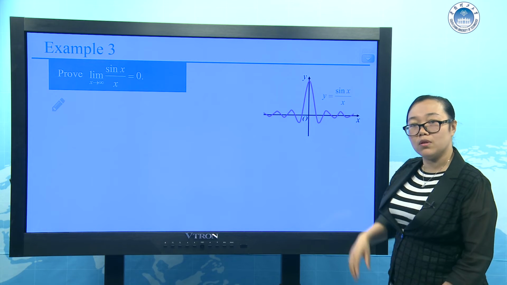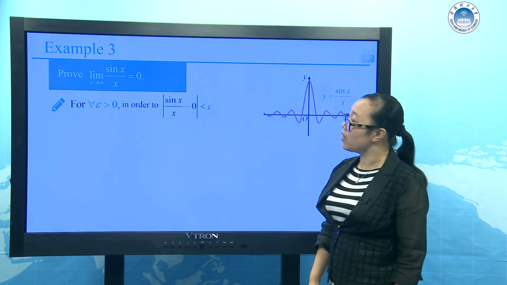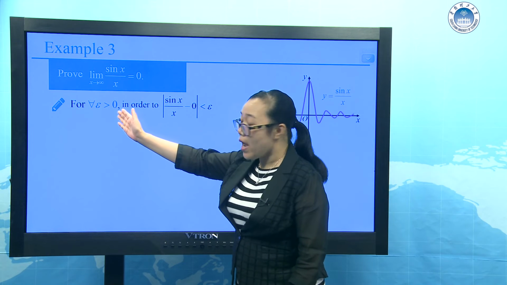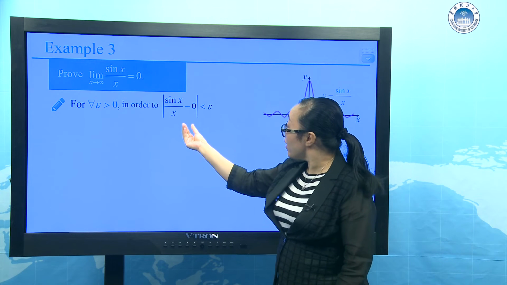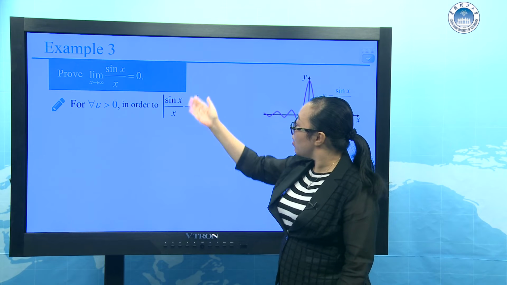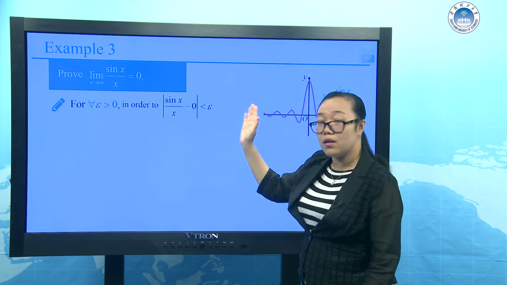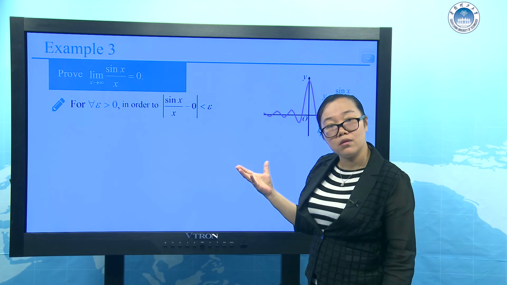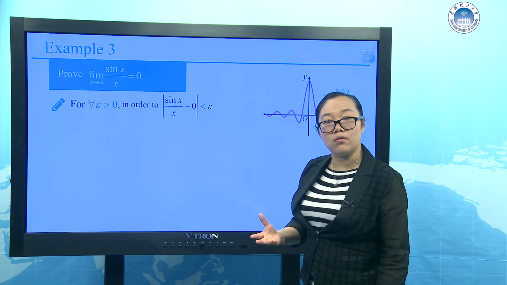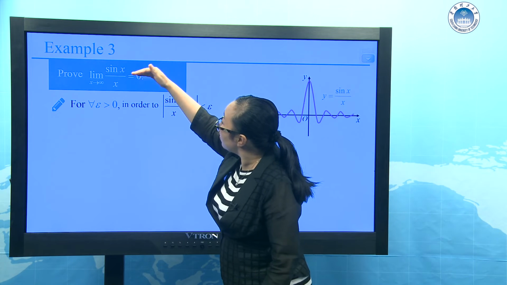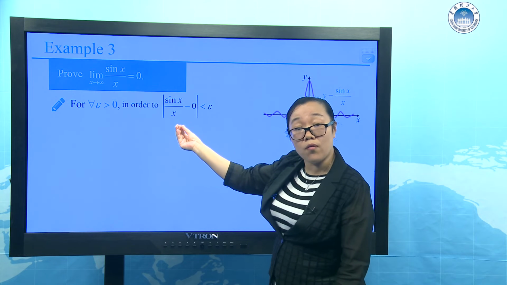How to prove? So now look at the mathematical language. For any epsilon greater than 0, in order to make the absolute value of f(x) minus capital L less than epsilon in this expression, what is our f(x)? What is our capital L? Yes, sin x over x is our f(x).